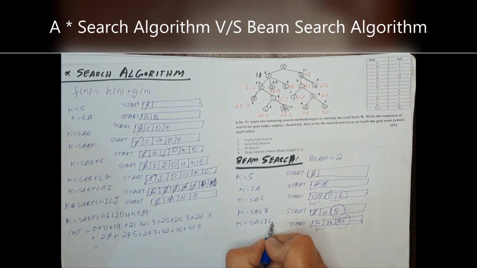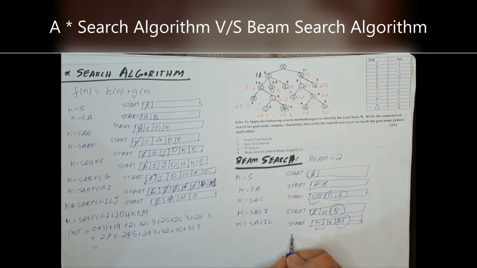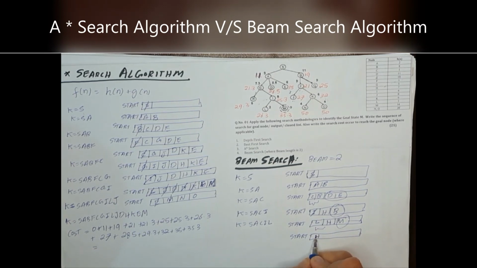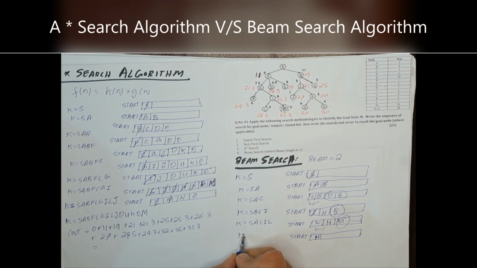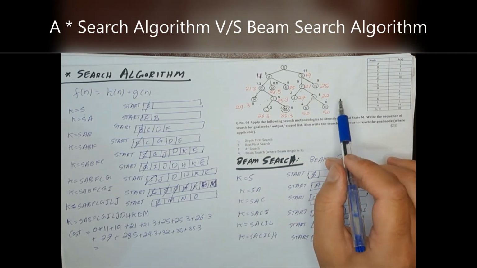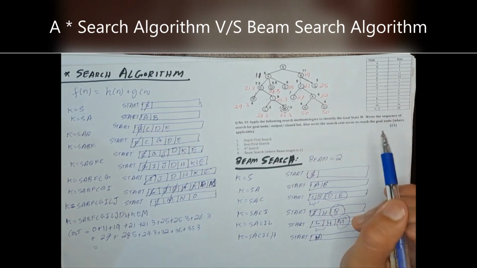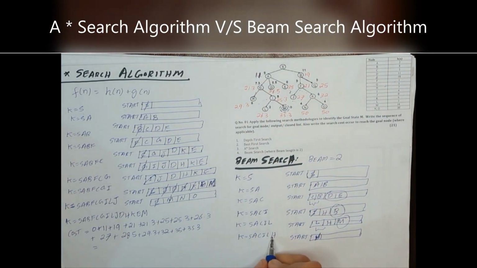Now we will take out L and see, does L have child nodes? No, it doesn't have any child node, so start will be left with just node H. If we take the node H from start, it would be replaced by its child nodes, but we know it doesn't have any, so this is our sequence.